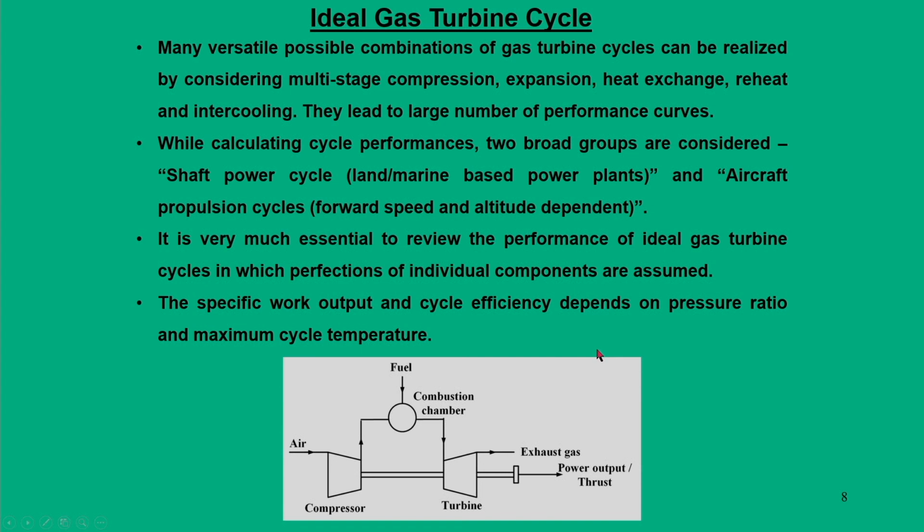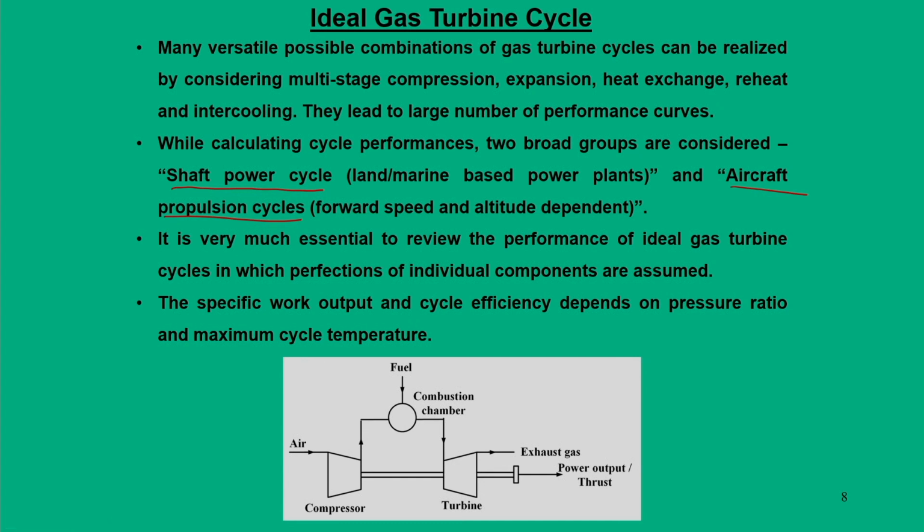And in the beginning I have emphasized the fact that when you use these gas turbine engines, they are used for two broad groups. One is considered as the shaft power cycle, the other is considered as the aircraft propulsion cycle. When you talk about the shaft power cycle, the power output is given emphasis.